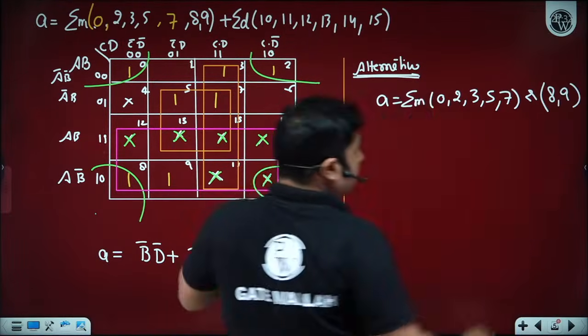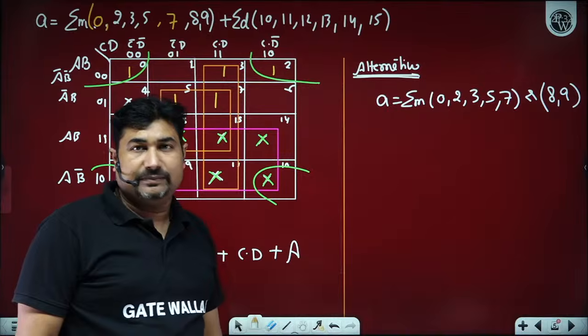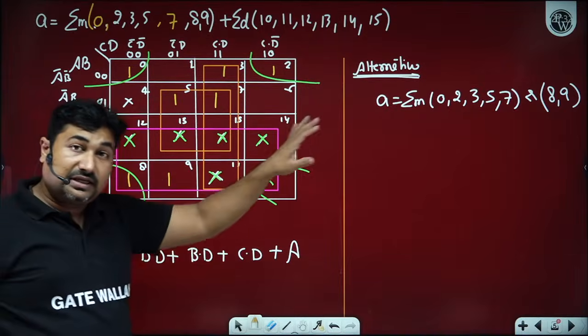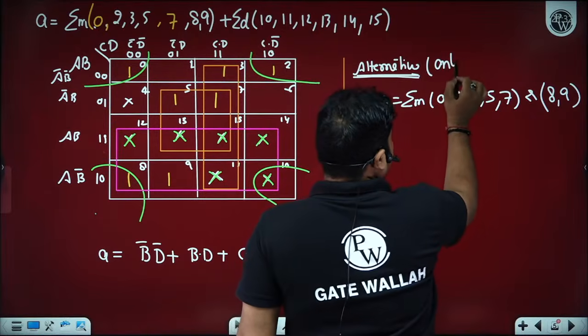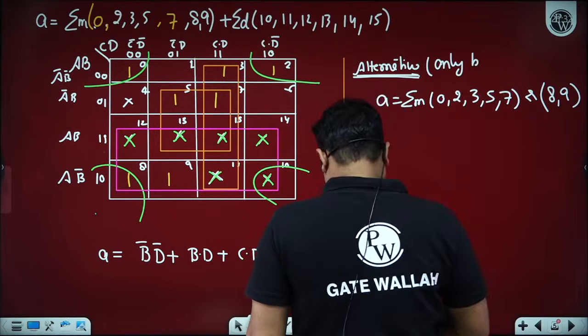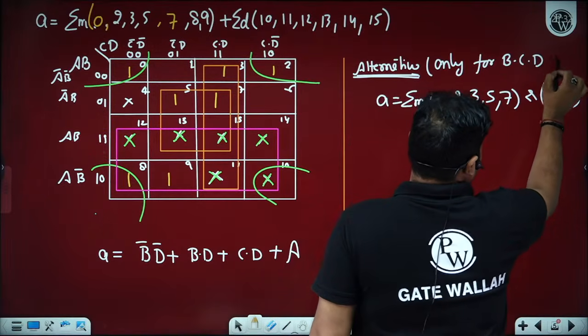I am considering 8, 9 apart. Why? Because we only have to check the condition of 8 and 9. We all know this is only valid for BCD, binary coded decimal inputs.